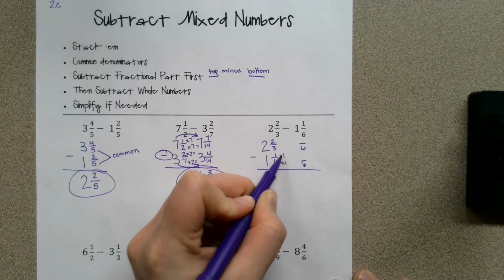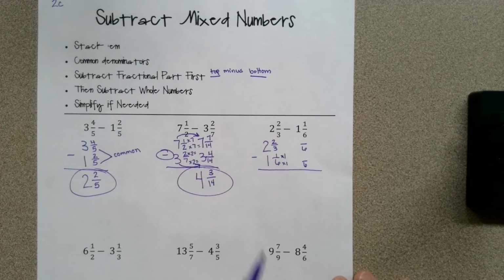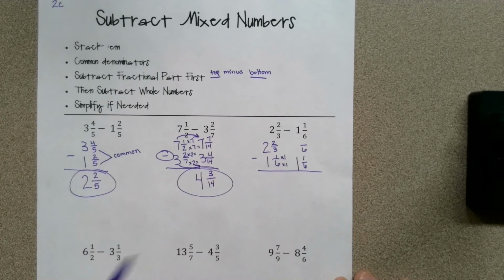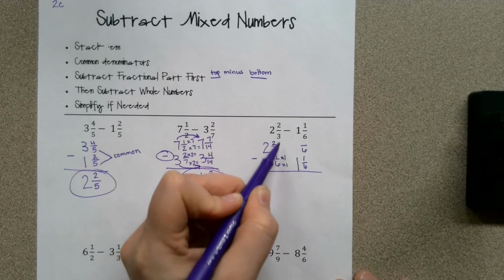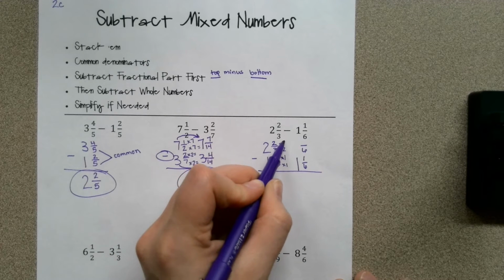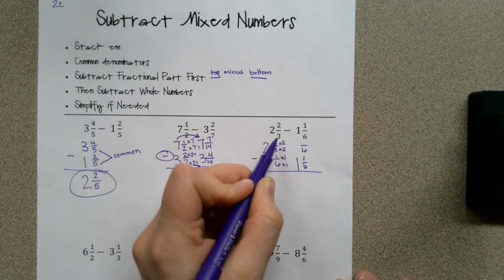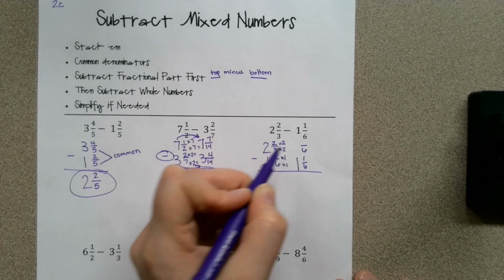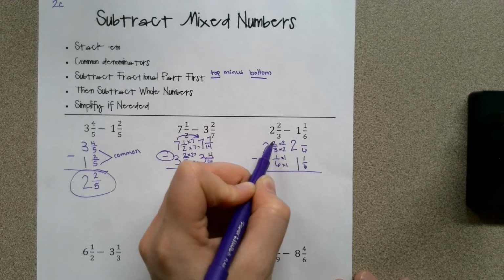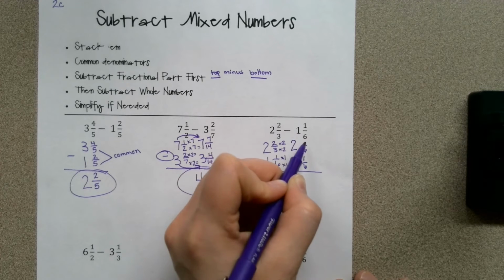So we wouldn't have to change that bottom mixed number. So instead it'll stay 1 1/6. For this top fraction, 3 to 6, we would need to multiply by 2. Notice how we're only multiplying the fractional part. The whole number will remain the same, and the new numerator, instead of 2/3, will now be 4/6.